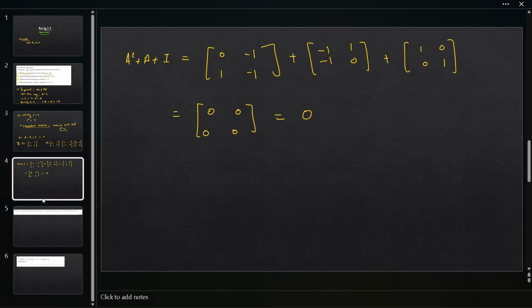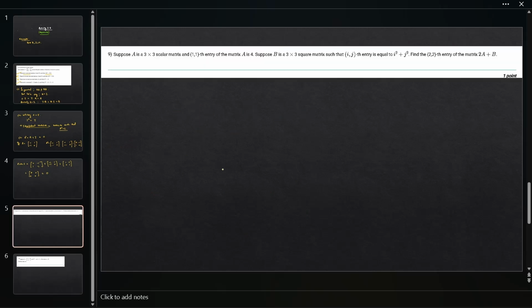Moving on to question 9, there is some glitch, that's why you are seeing those lines here. We have A is a 3 cross 3 scalar matrix where the 1 1 entry of the matrix is 4.